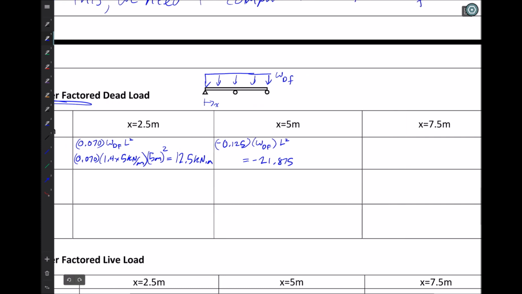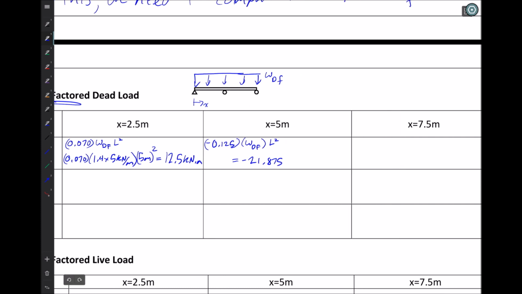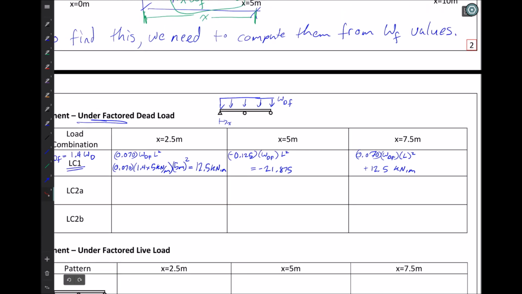And over on the right-hand side, at 7.5 meters, which is right in the middle of the span over here, I have the same thing as at 2.5 meters, 0.070 W dead factored times length squared. And I'm left with plus 12.5 kilonewton meters. And of course, once again, at the very ends, we're left with 0.